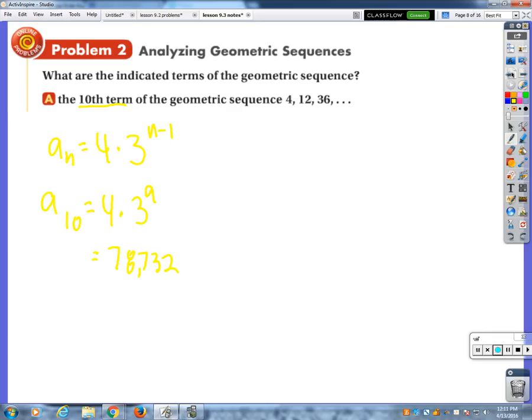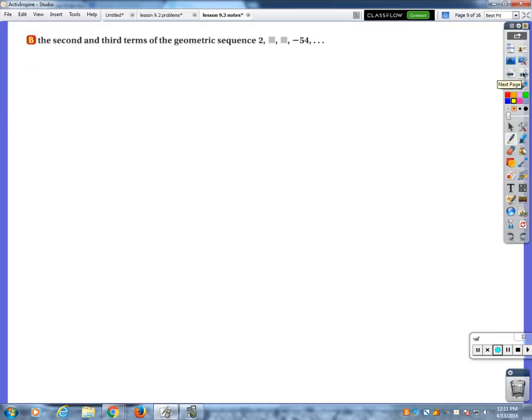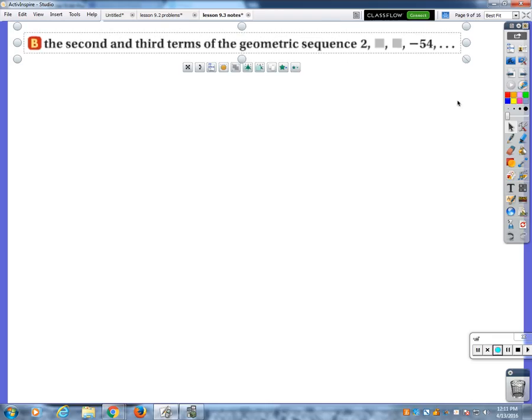Okay, so now let's play the same game that we were in the last section. We need to find the second and third terms of the geometric sequence 2, dot dot dot, negative 54. So this is a little bit tricky.